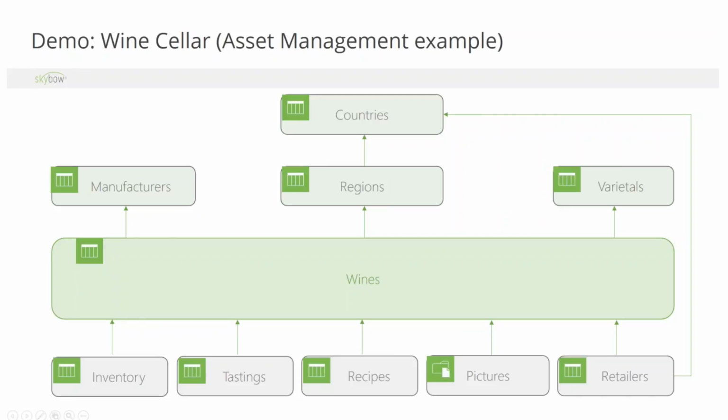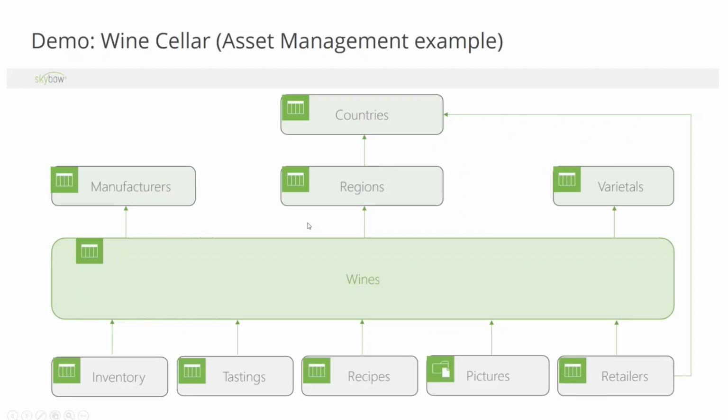So we have a model here. Basically, it's a typical asset management example where we want to manage the inventory of our wine cellar. Both Matt and me are coming from wine regions and like to enjoy some wine from time to time. So we thought, why not? For the heck of it, let's do this as an example.